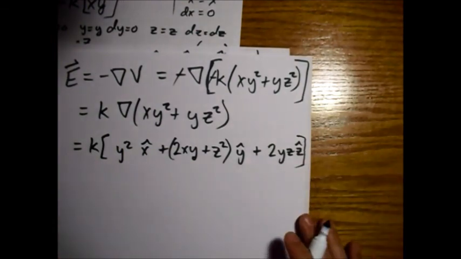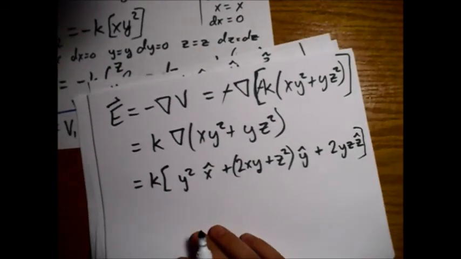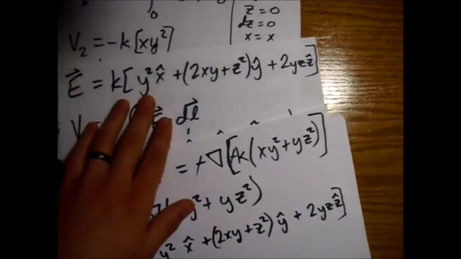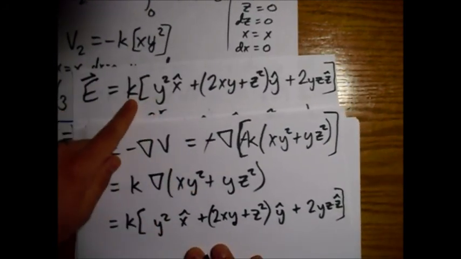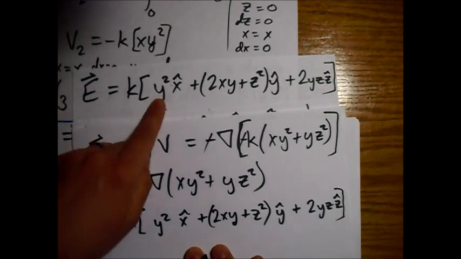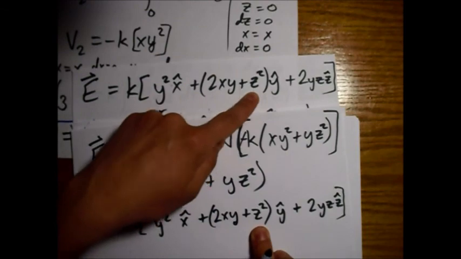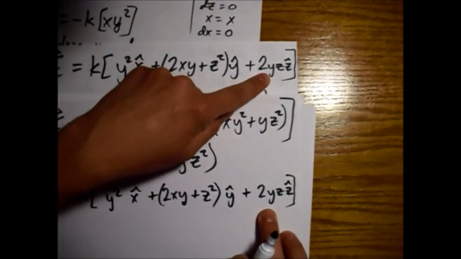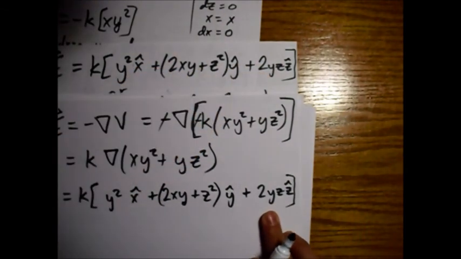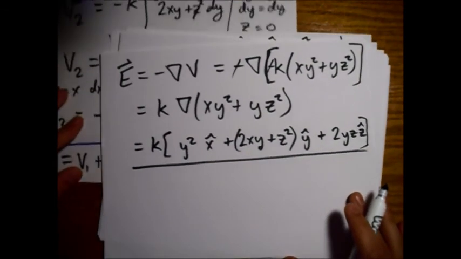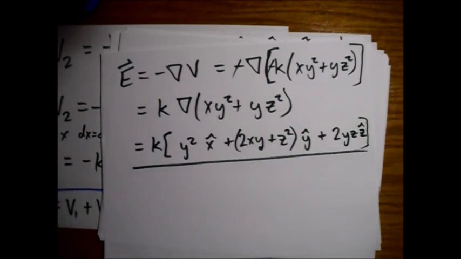Now we compare this with our original field, which I wrote right here. So here's our k. We have a y squared in the x hat, 2xy plus z squared in the y hat, and a 2yz in the z hat. So we just checked that our electrostatic field turned out all right.